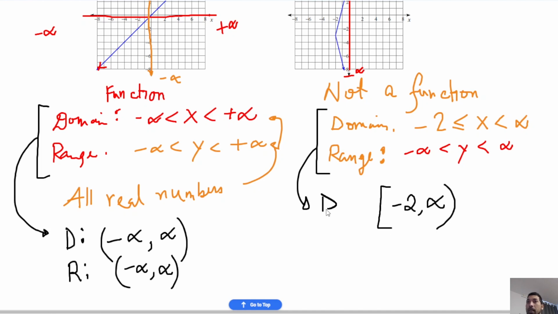This is the domain, and the range is from negative infinity to positive infinity, and we put parentheses because both of these are not inclusive. This is how we convert the inequality representation into interval notation.